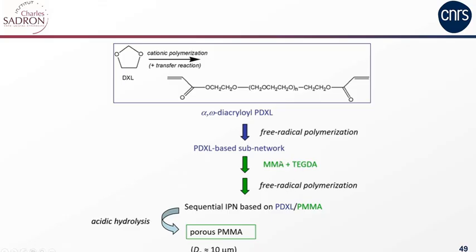In the presence of MMA and the crosslinker, we will do the second network, and we have a sequential IPN, so polydioxolane, PMMA. Polydioxolane contains acetal groups. These acetal groups can be cleaved by acidic hydrolysis, so they can be degraded, and in this way, you can generate porous PMMA.